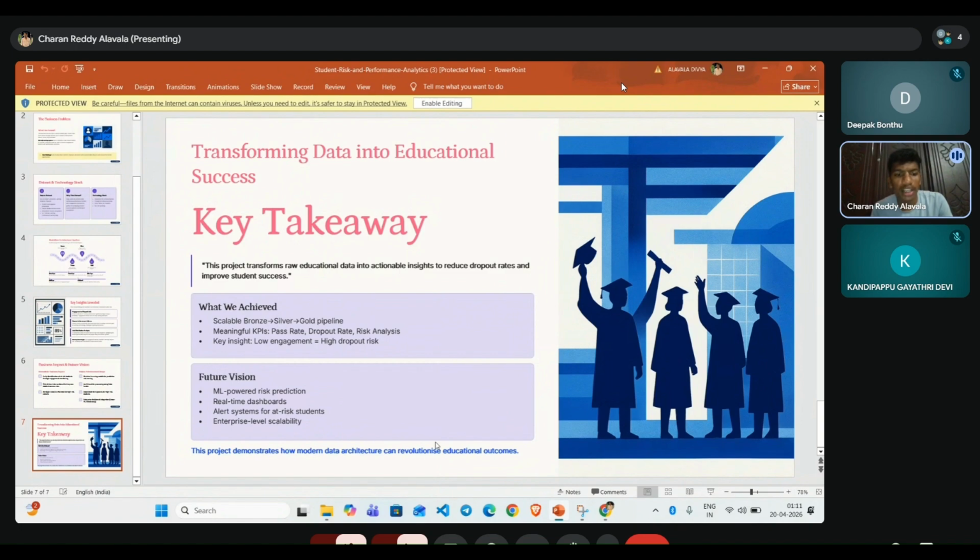In the future, we can move to machine learning powered risk prediction, real-time dashboards and an alert system for risk students, and we can bring this to enterprise level scalability. This is the OULAD education analytics end to end pipeline and the dashboards. Thank you.